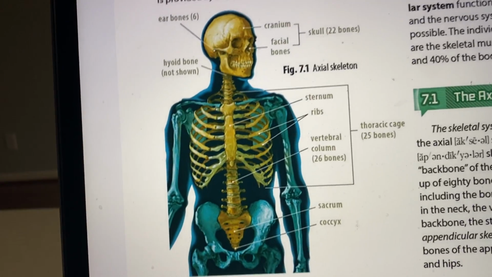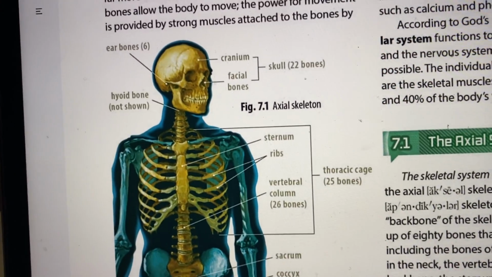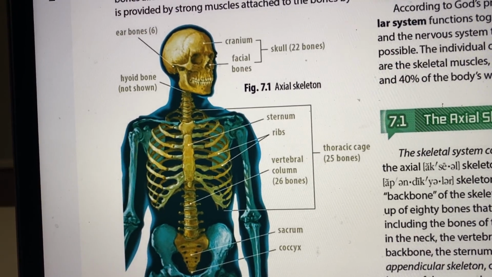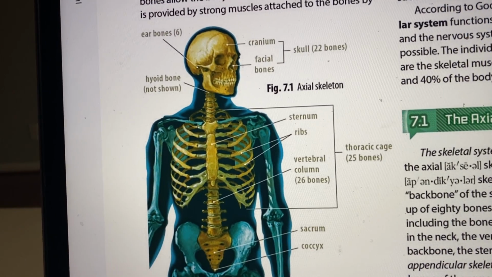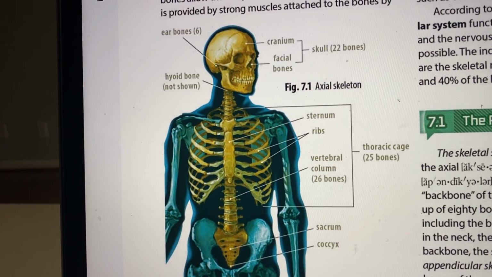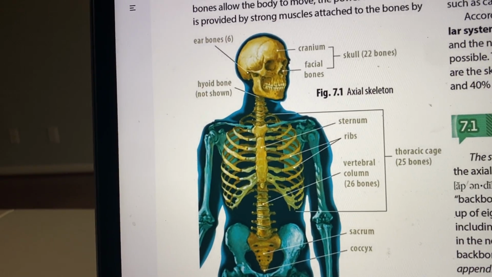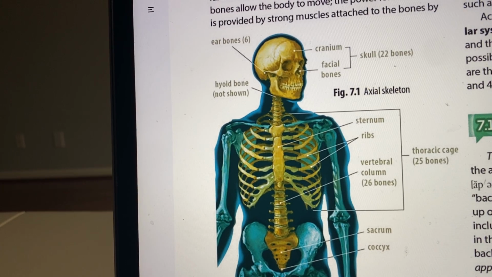So let's talk about the axial here. Here's a picture of a skeleton with the axial. Can you see this? Let's see if it's labeled. Okay, there we go. In the axial skeleton we have 80 bones, and this includes the head and the spine, as you see in that picture. It also includes such bones as the hyoid bone, a U-shaped bone there.